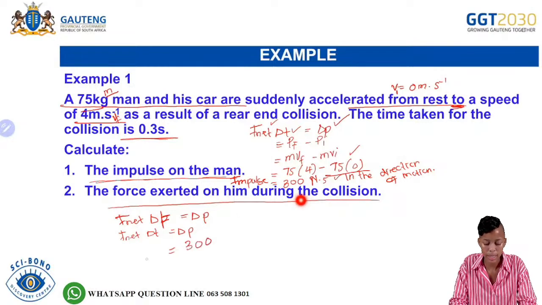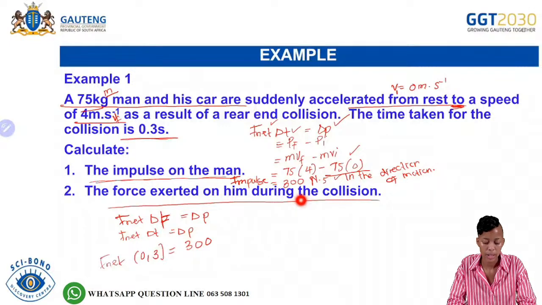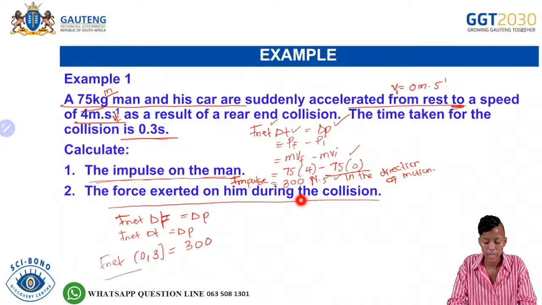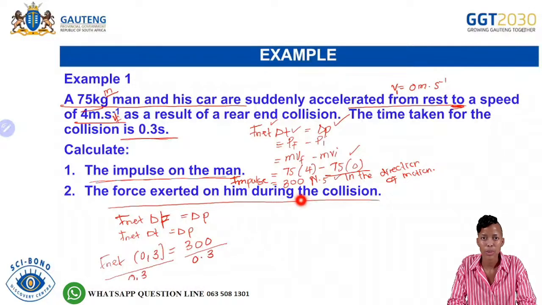We have now calculated the impulse, which was 300, and then we are given the time of 0.3 there, and then we are asked to calculate the net force. So how are we going to calculate the net force? We can divide both sides by the 0.3.